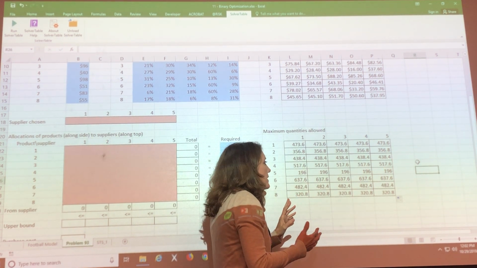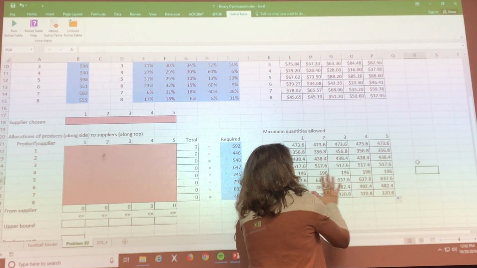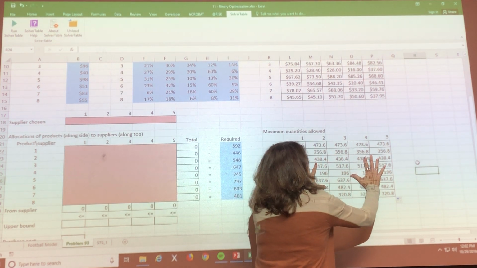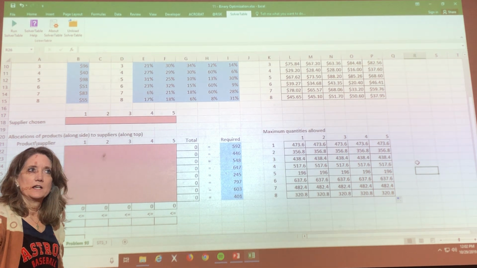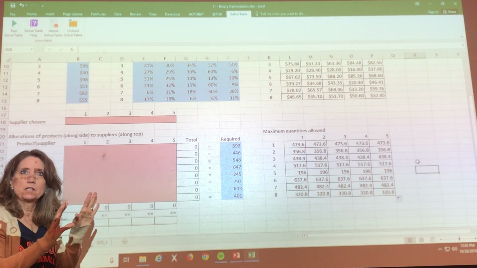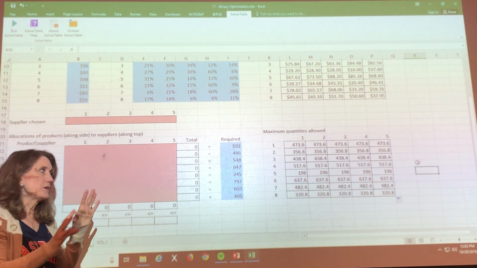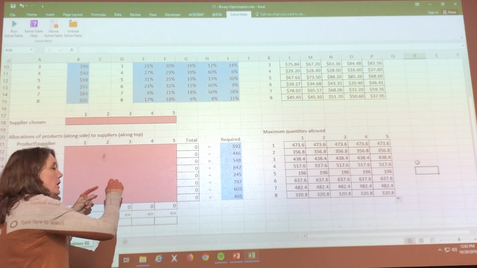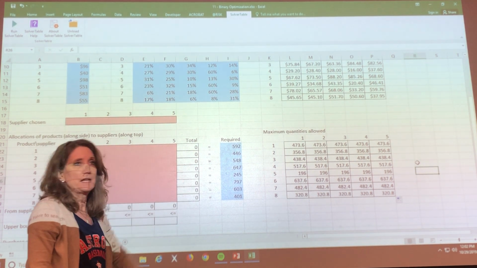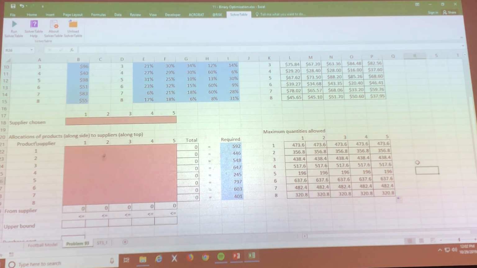Our reasoning behind that is that I want this in this grid so that these numbers constrain these numbers, okay? So that there's this perfect match between constraining those. So that in any given place, that product from that supplier could not be any more than 80% of what we are requiring.